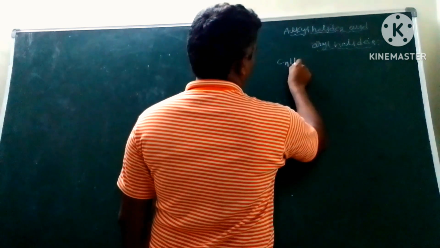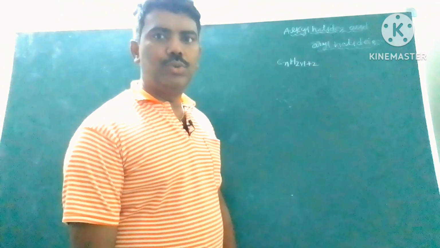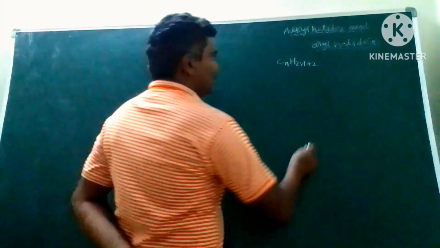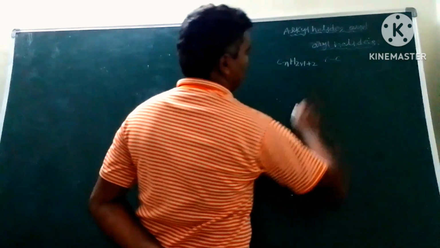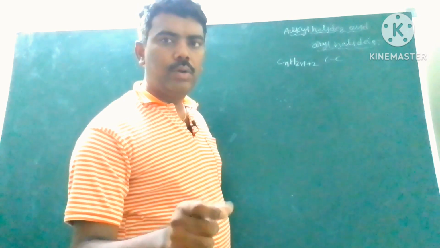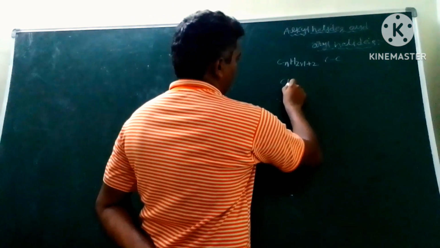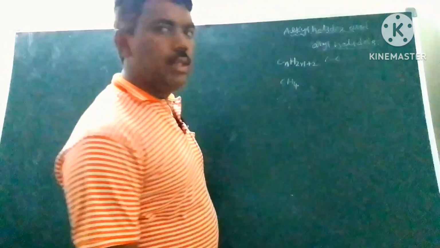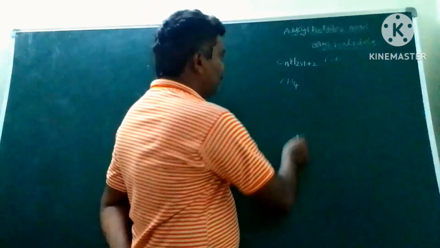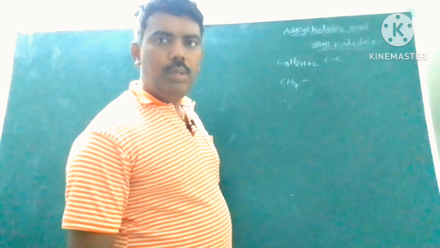Taking alkanes, the general formula is CnH2n+2. In alkanes, between the two carbons there is a single bond. The hydrocarbon with all carbons surrounded by single bonds is called an alkane. Now I am taking one example of alkane, methane, CH4.